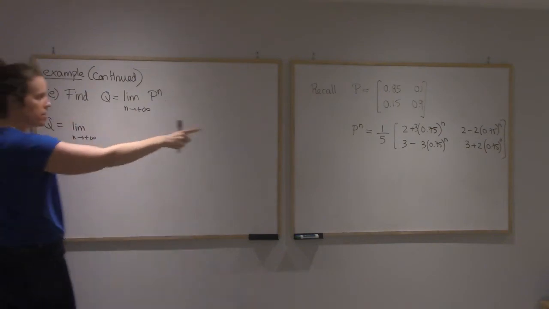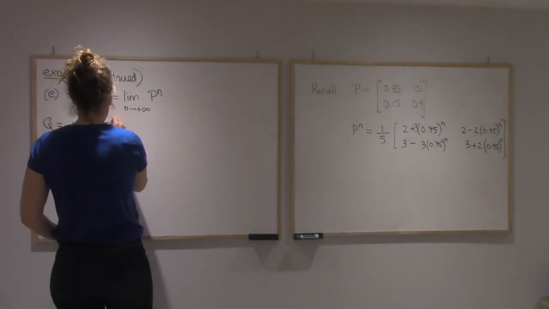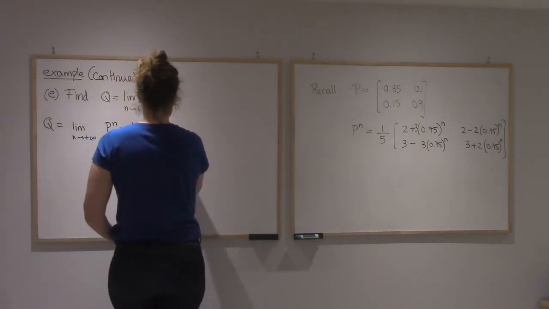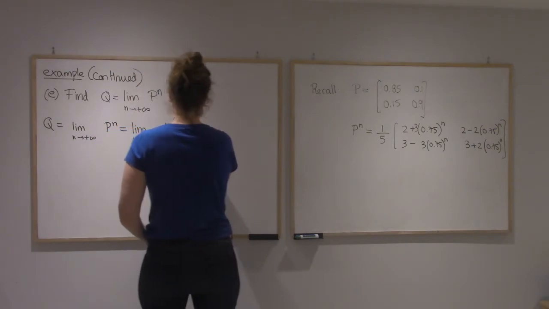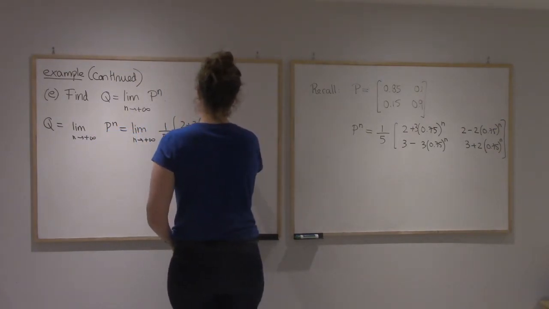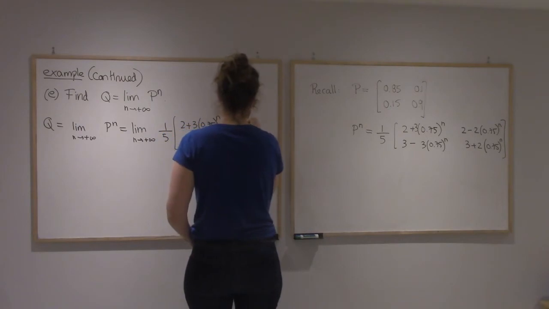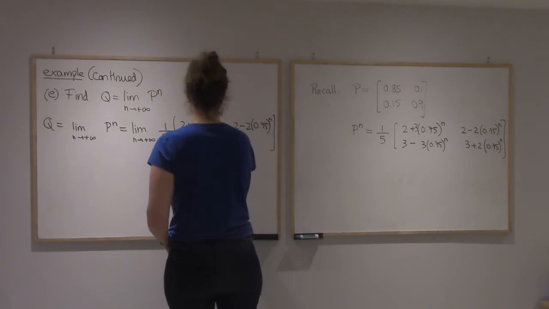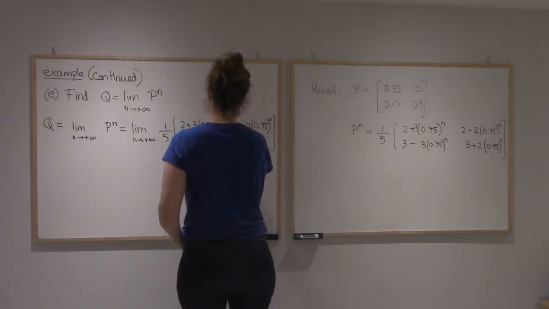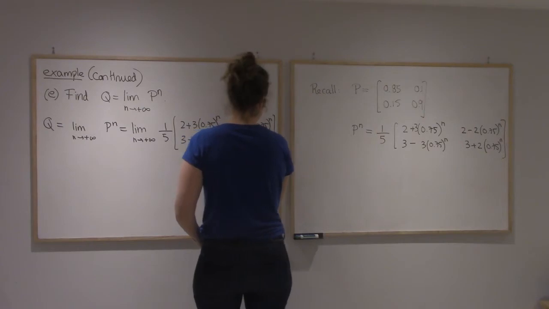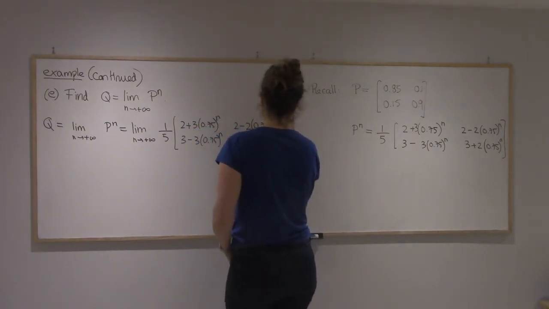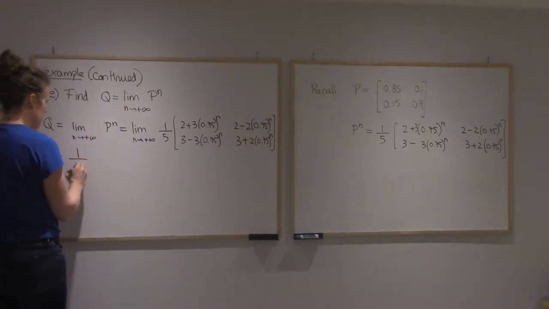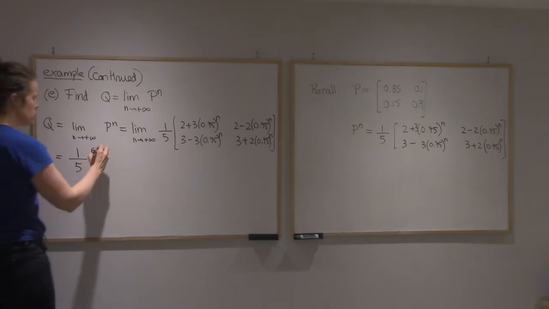So Q is going to be the limit of P to the n, which is the limit of 1 over 5 times the matrix with entries 2 plus 3 times 0.75 to the n, 2 minus 2 times 0.75 to the n, 3 minus 3 times 0.75 to the n, 3 plus 2 times 0.75 to the n. Now when n goes to infinity, the 1 over 5 will stay, the 2 will stay.